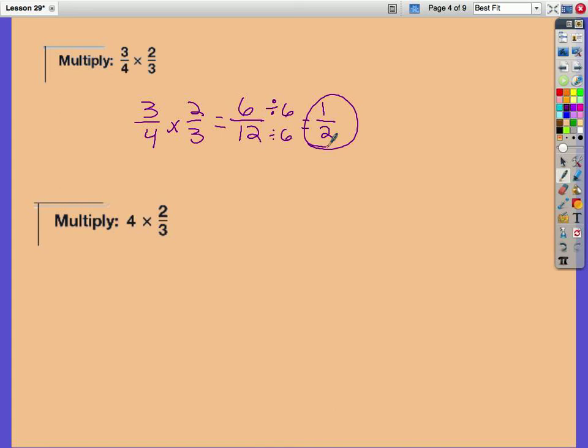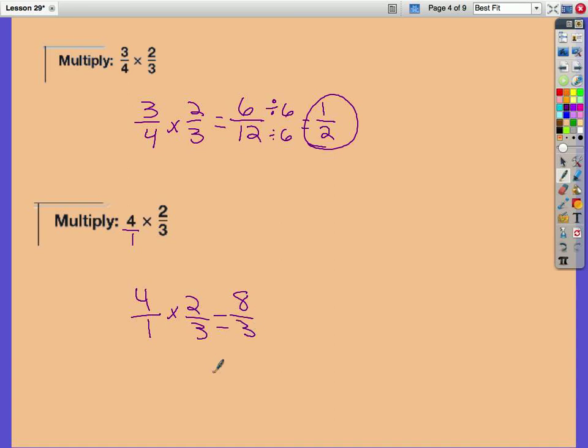My answer is 1/2. Next example, it says multiply 4 times 2/3. When we have a whole number and we need to put it into a fraction, a whole number as a fraction is always going to be that number over 1. Remember, the fraction mark can mean division, and 4 divided by 1 is still 4. So we do 4 over 1 times 2/3. 4 times 2 is 8. 1 times 3 is 3.